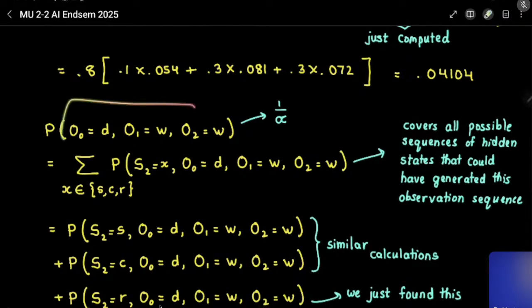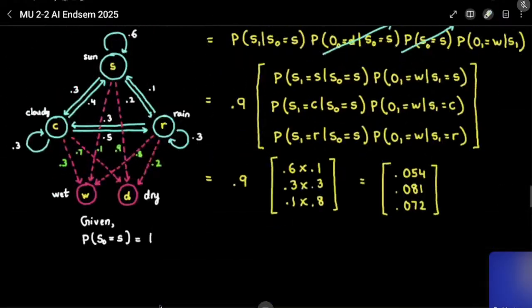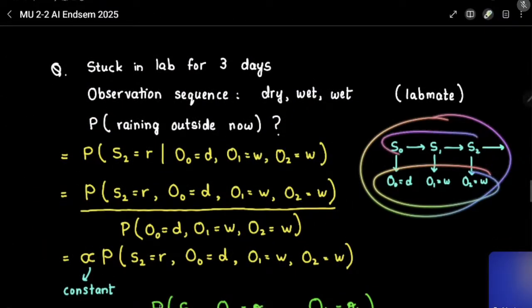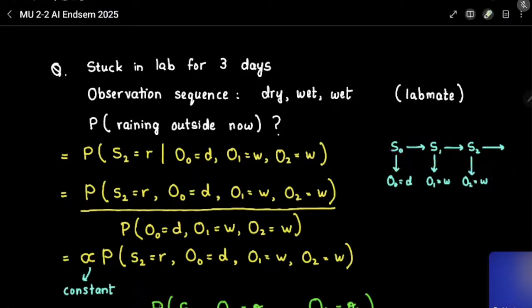Since you have this sequence of observations, these observations can only arise if we've passed through certain states, right? If you look at this Bayesian network, these observations will arise only if some form of, see, if you pass through these states only, you'll get these observations.